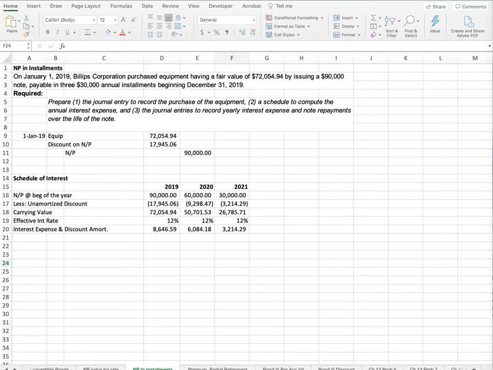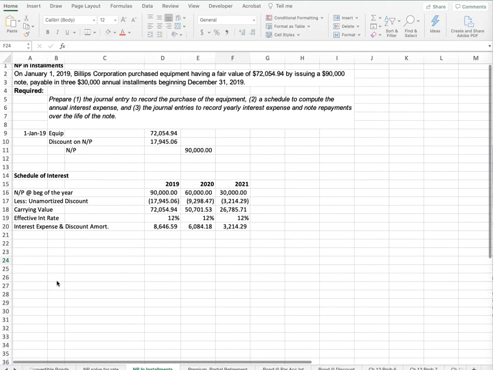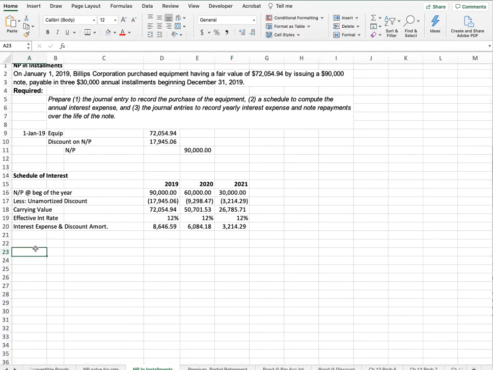So now we have our schedule filled out, and we can do the third part of this, where we're being asked to record the yearly interest expense and note repayments over the life of the note. On 12/31/2020, we're going to have a debit to our notes payable, a debit to our interest expense, and then we'll credit our discount on the notes payable and credit our cash.